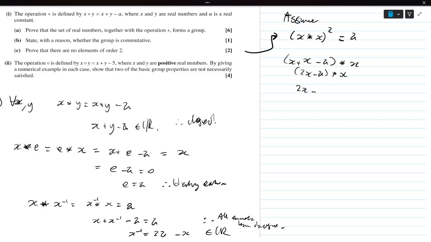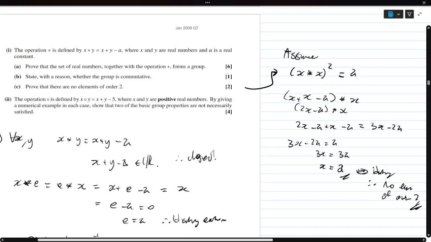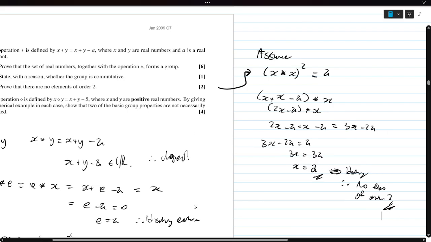And this star x is 2x minus a plus x minus a, which is 3x minus 2a. And we're saying that this is equal to a. 3x minus 2a is equal to a, 3x is equal to 3a, x is equal to a, which is the identity. Hence, no elements of order 2. That's a good technique to know. So contradiction, because we need to say this.